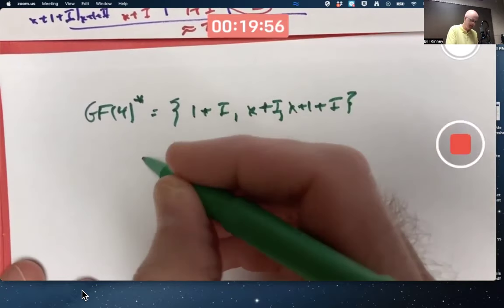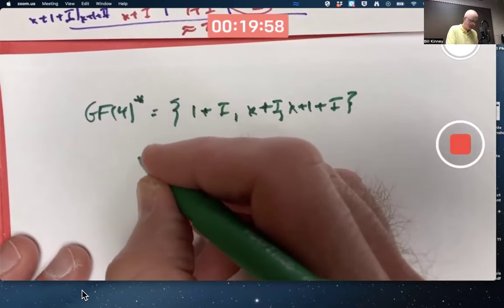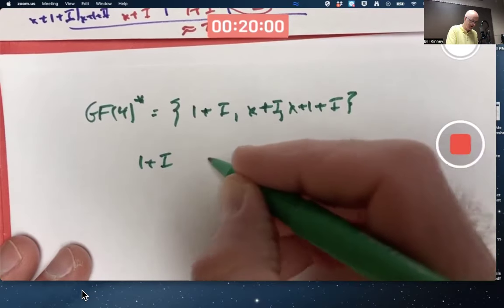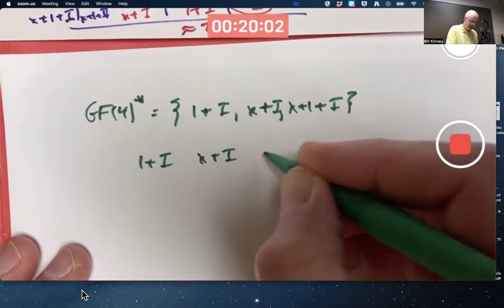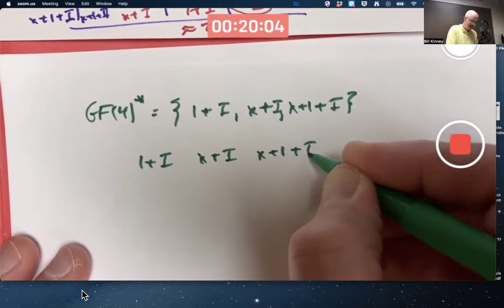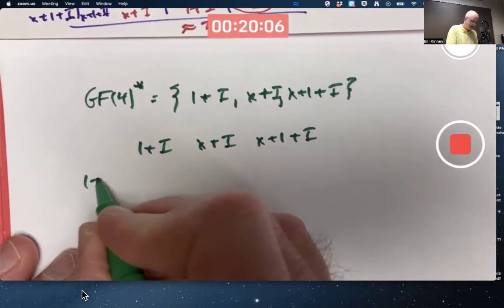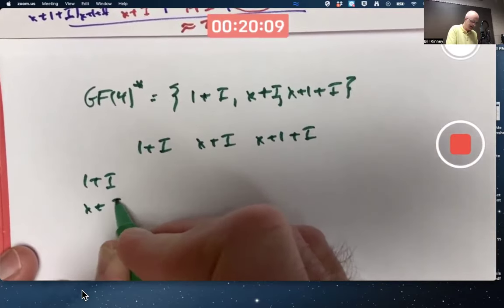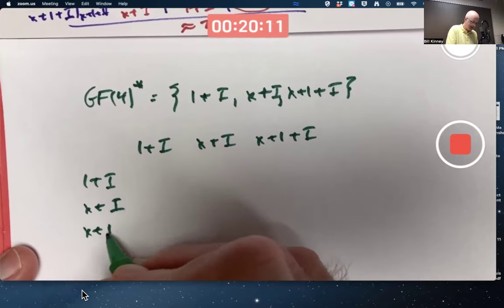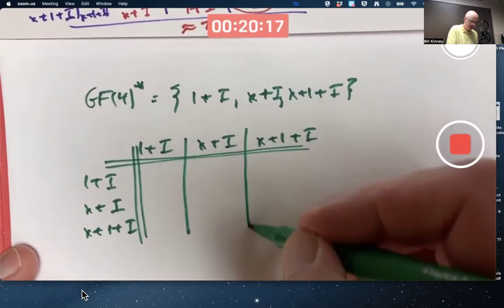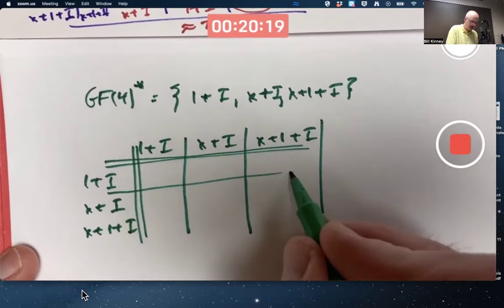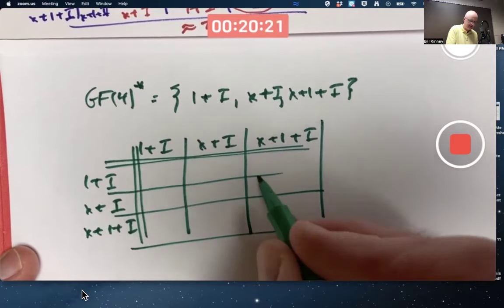What's the multiplication table for that? It is a group under multiplication, the non-zero elements.